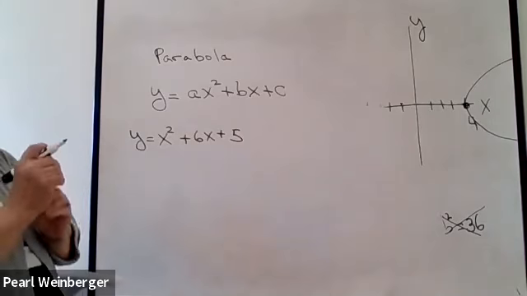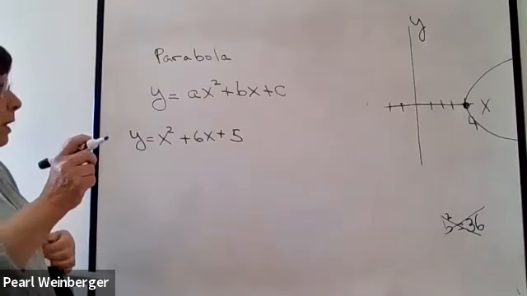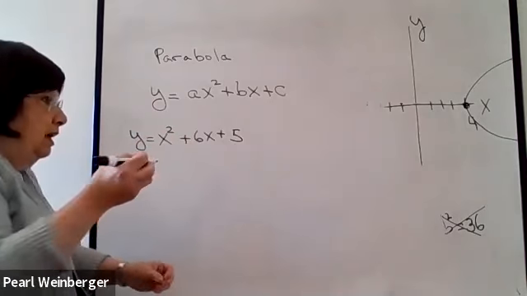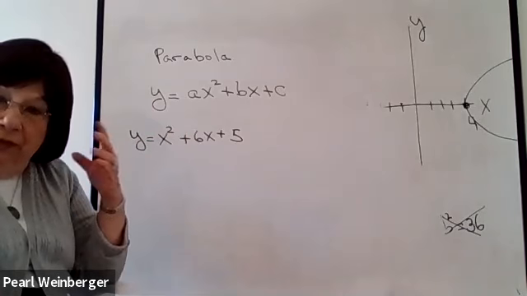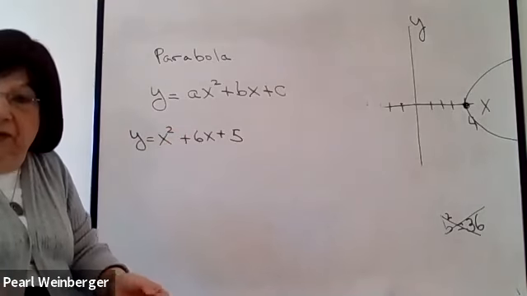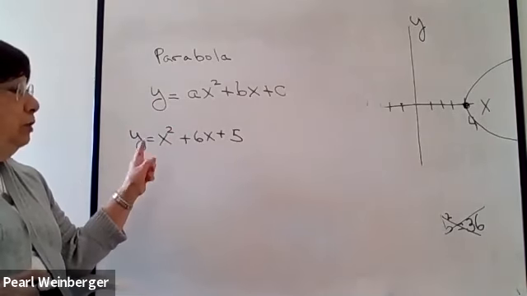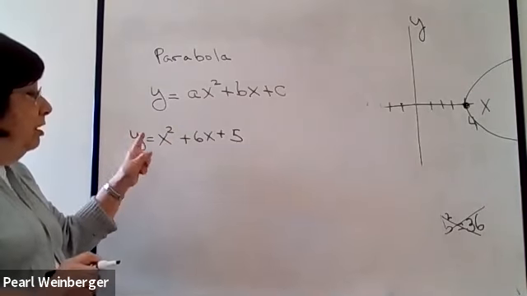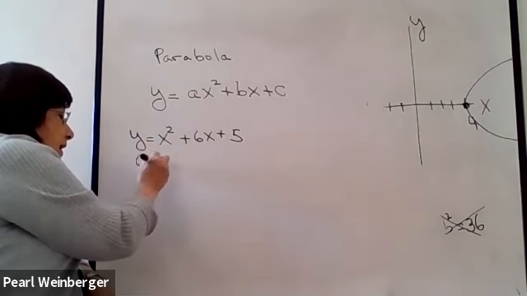There are 2 important things that we're always going to be looking for. Number 1, we're always going to be deciding whether this parabola opens up like a smile, or opens down, in other words, looks like a frown. And that's something you can always tell by the value of the a. In this case, we know that the a is 1.